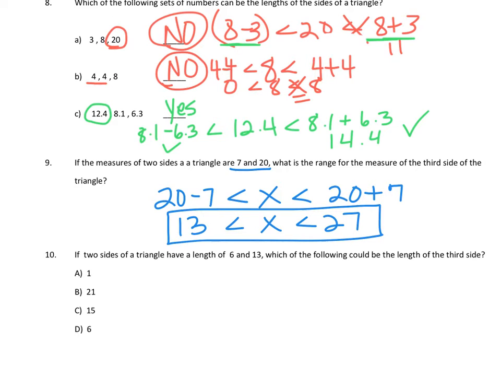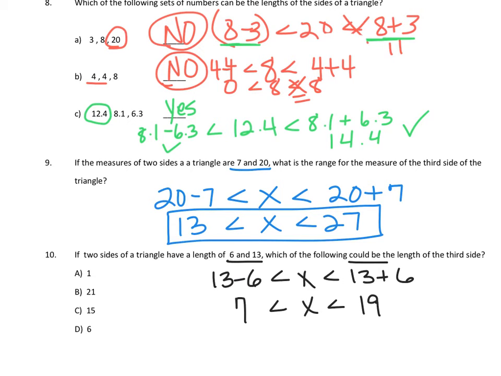Okay, if two sides have the lengths of 6 and 13, which of the following lengths could be the third side? Well, again, we'll subtract them. 13 minus 6 is less than the third side, x or t or whatever letter you want to call it, and 13 plus 6. So 13 minus 6 is 7, is less than x, is less than 19.